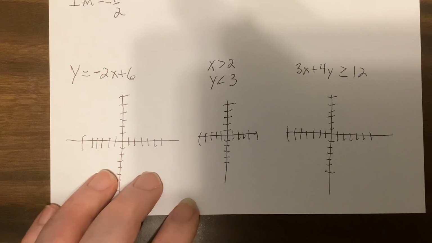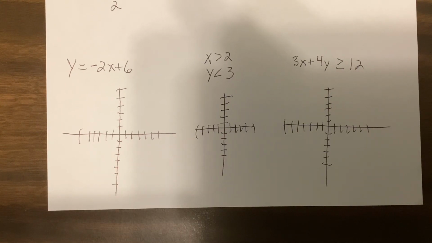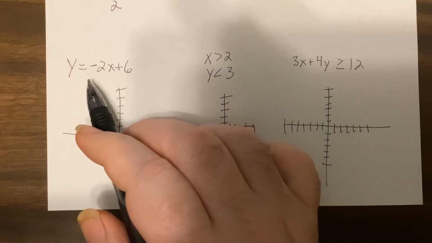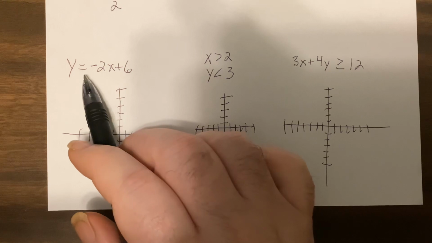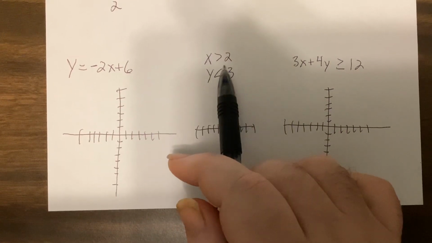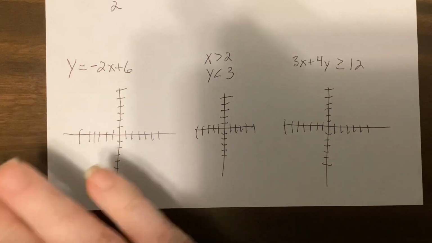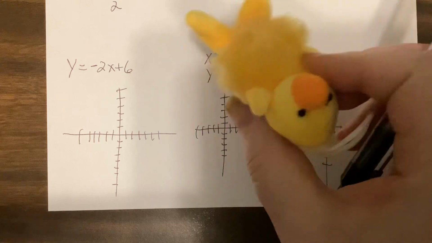Now, I have 3 graphing to end the page. This one is only an equals though. Now remember, an equals has no shading. You only shade with inequalities. So this has no shading.